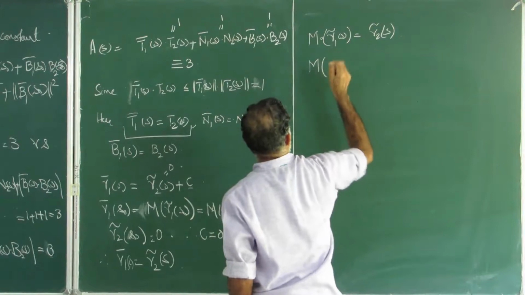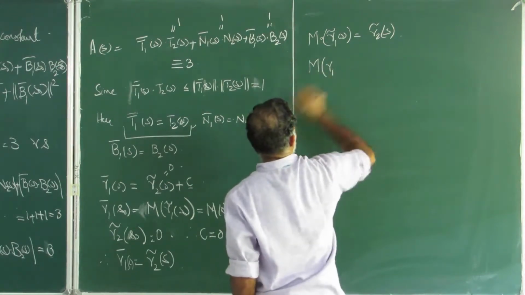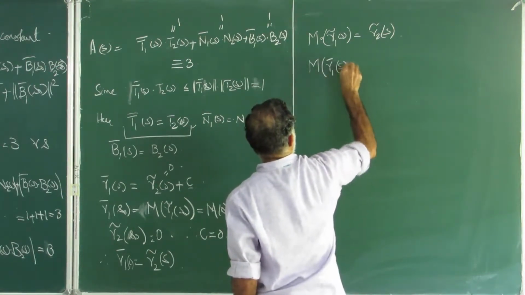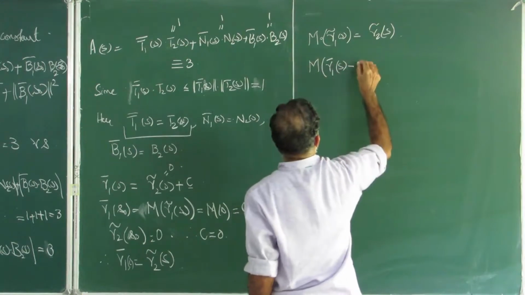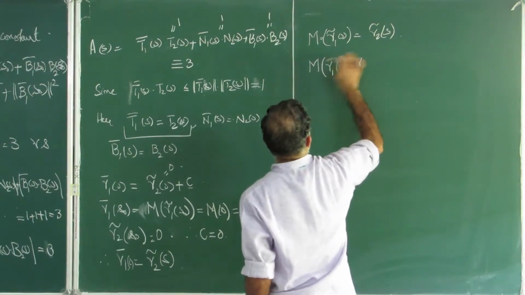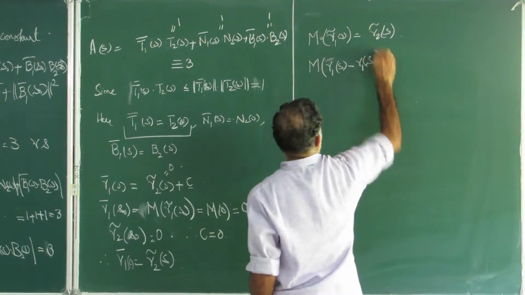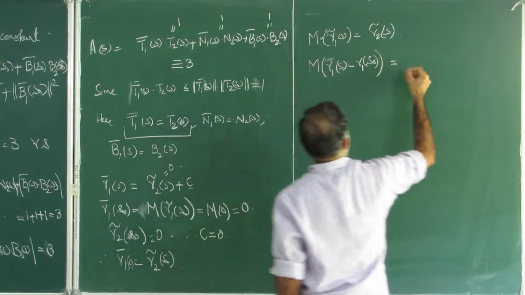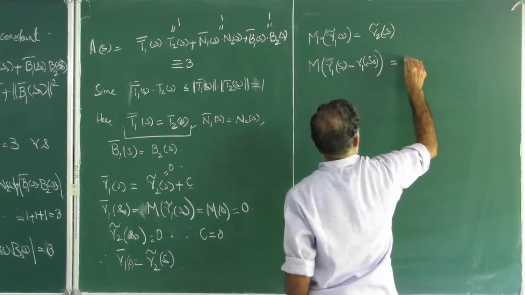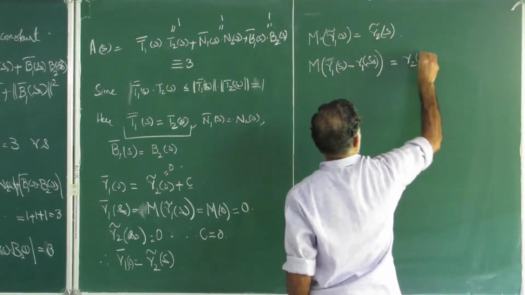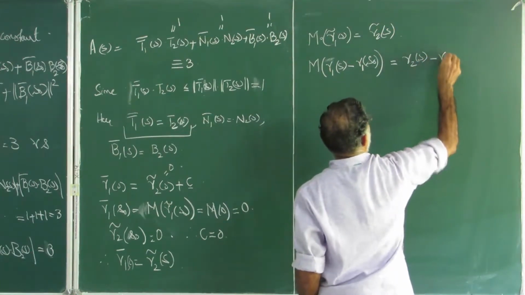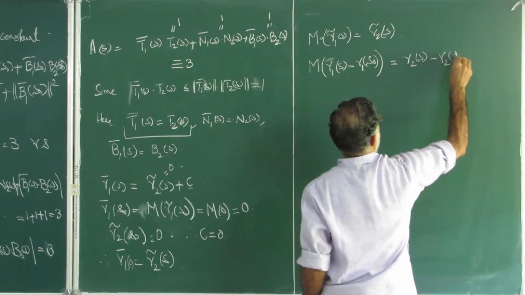And let us look at this. M of what is gamma 1 tilde at S? It is gamma 1 S minus gamma 1 at S naught. That's equal to gamma 2 tilde, and what is gamma 2 tilde? Gamma 2 tilde is gamma 2 S minus gamma 2 at S naught.